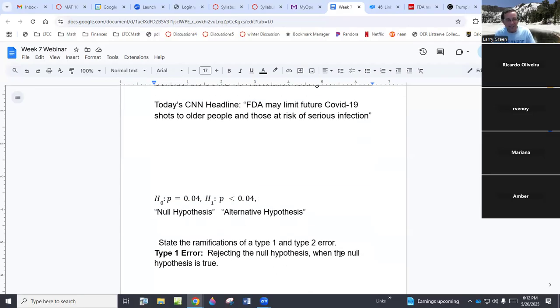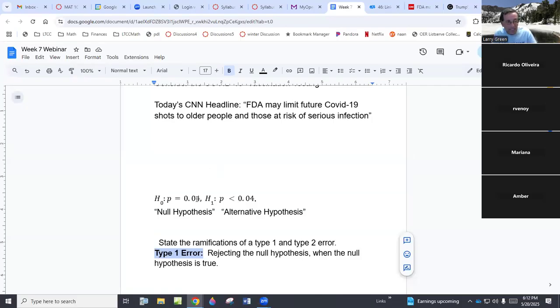So let's talk about what these errors are. The first is called a type 1 error. A type 1 error means that you reject the null hypothesis when the null hypothesis was true.